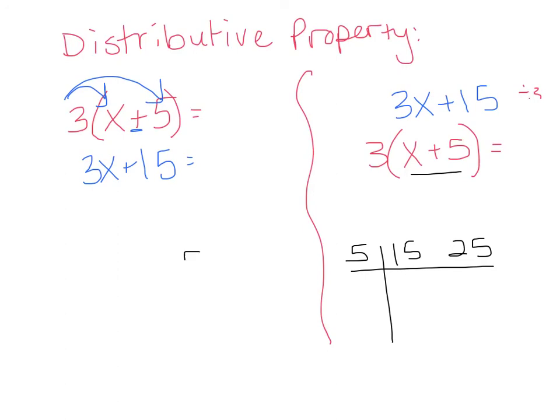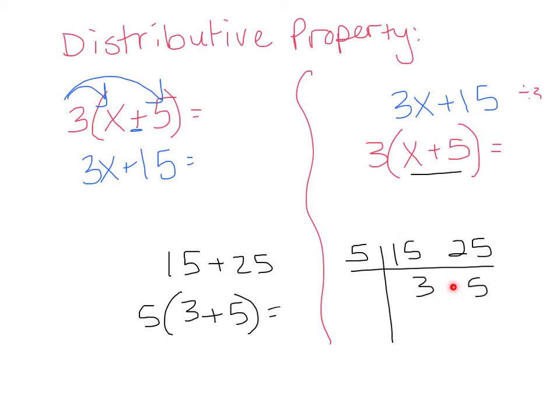So basically what we had is, if we had 15 plus 25, you pulled 5 out of there, and you had 5 times (3 plus 5). That's the distributive property. That's what you've been doing. So it's something you've been using, and you just didn't have a name for it.